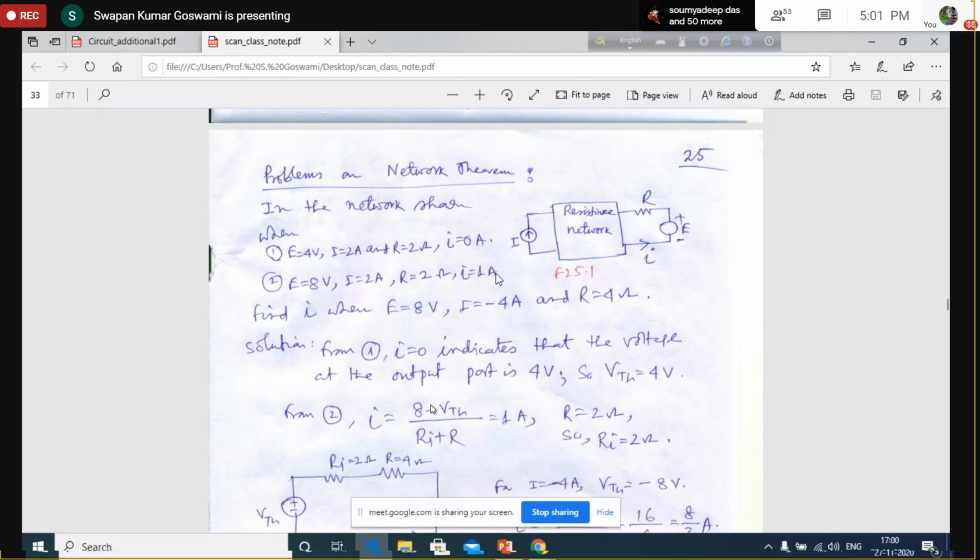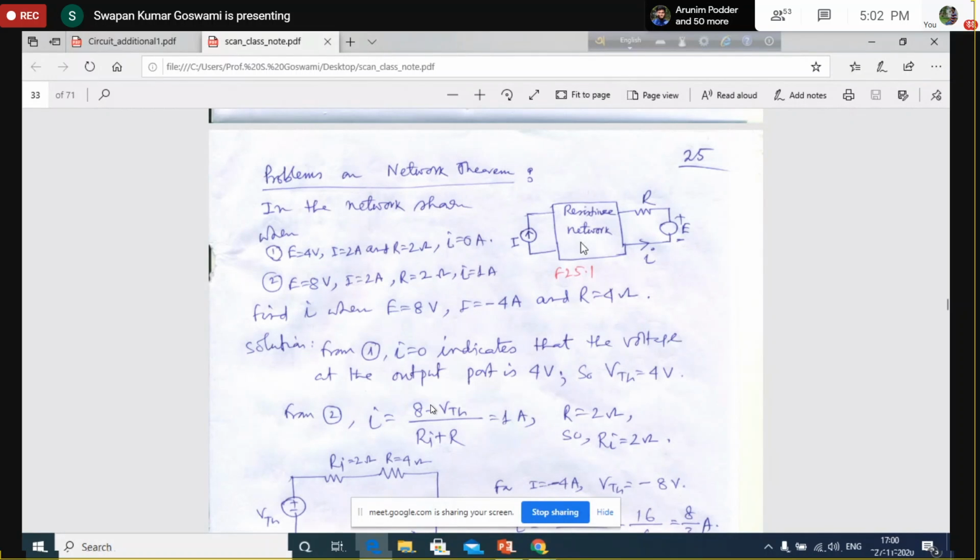8 volt is the value of the source here. That means when this is 8 volt, this remains to be 2 ampere, then this is the current I, which is equal to 1 ampere now. Under this condition I can say, since this current source value remains unchanged, the Thevenin voltage or open circuit voltage here will also remain unchanged. Yes, this is a resistive network.